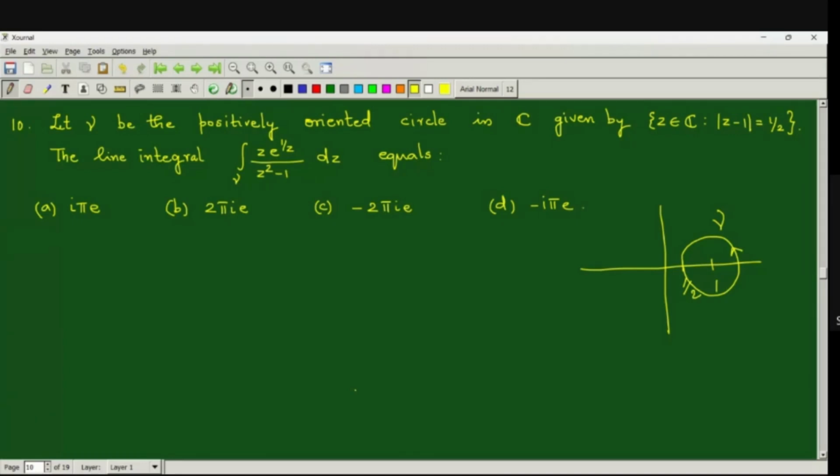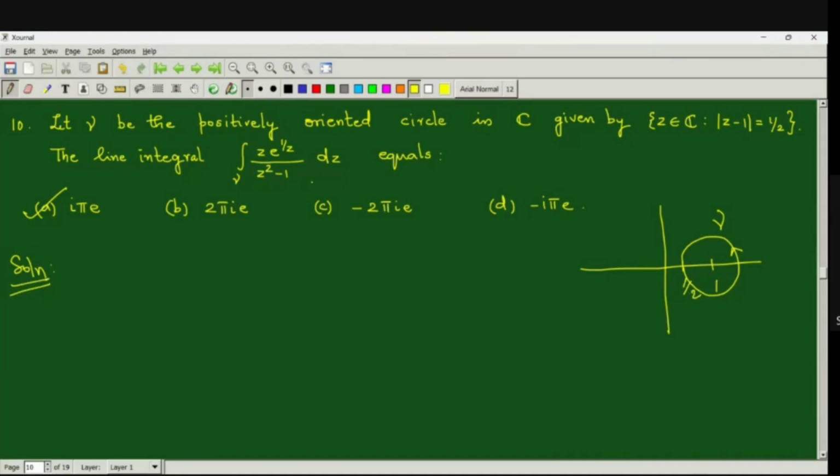We'll give you 30 seconds. Calculate fast. Option A. Yes. So these things I will directly solve because everyone knows, but these do come for the NET exam.